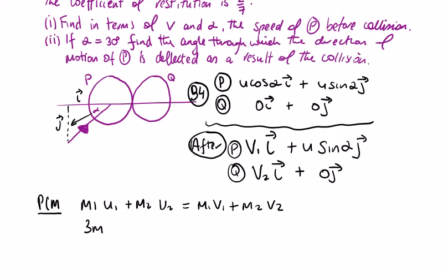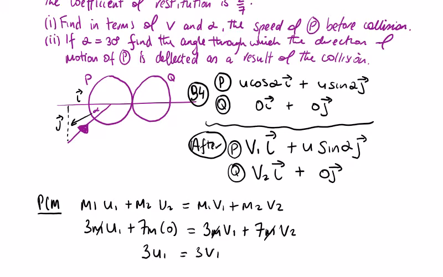So 3m U1 plus 7m U2, and U2 is actually 0, is equal to 3m by V1 plus 7m by V2. Simplifying this down, we can cancel our m's, and we get 3u1 is equal to 3v1 plus 7v2.